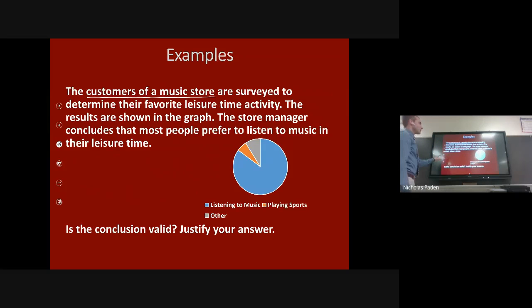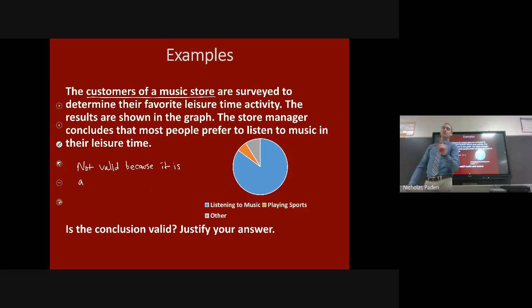And so, is this a random sample? Well, it is not a random sample. So, is the conclusion valid? It is not valid because, remember, if it's not valid, that means it's biased. And so we've got those two examples of biased samples.